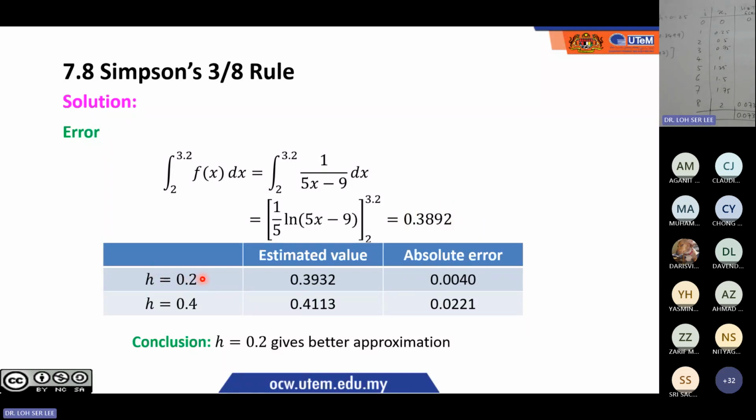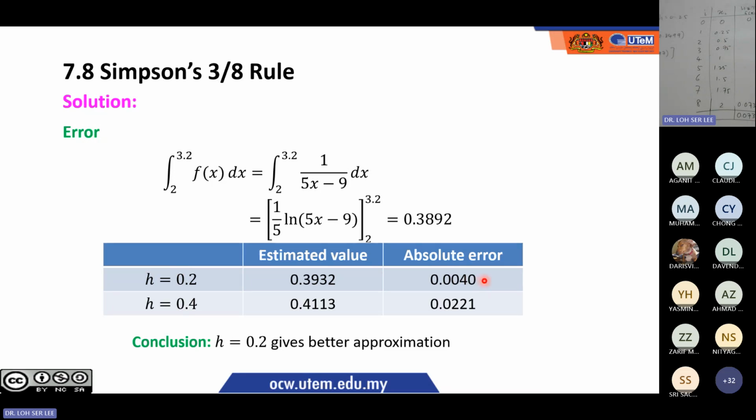From the h equals to 0.2 just now, this is your estimated value. So we use this and this one to find the absolute error. Just use this minus actual, and we take the magnitude because this is absolute error. We use the modulus. If we compare these two, of course, the lower value of h gives a better approximation.